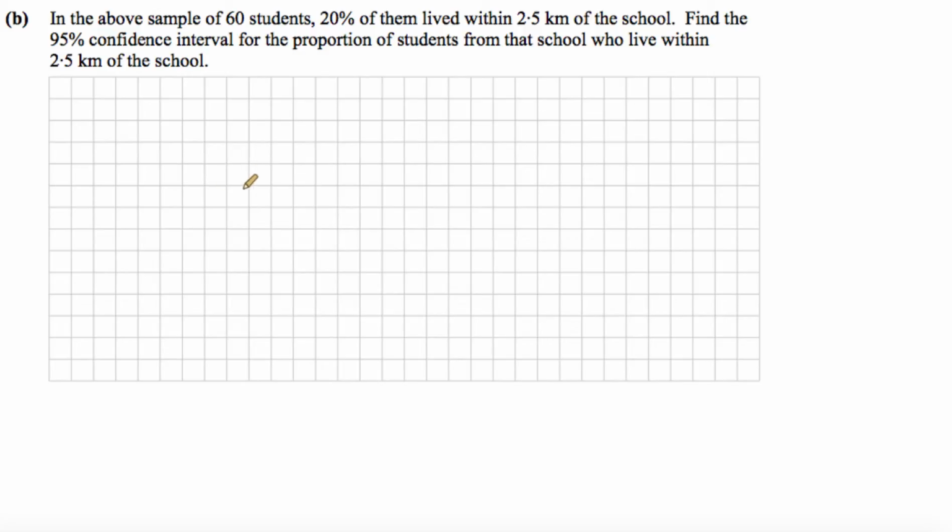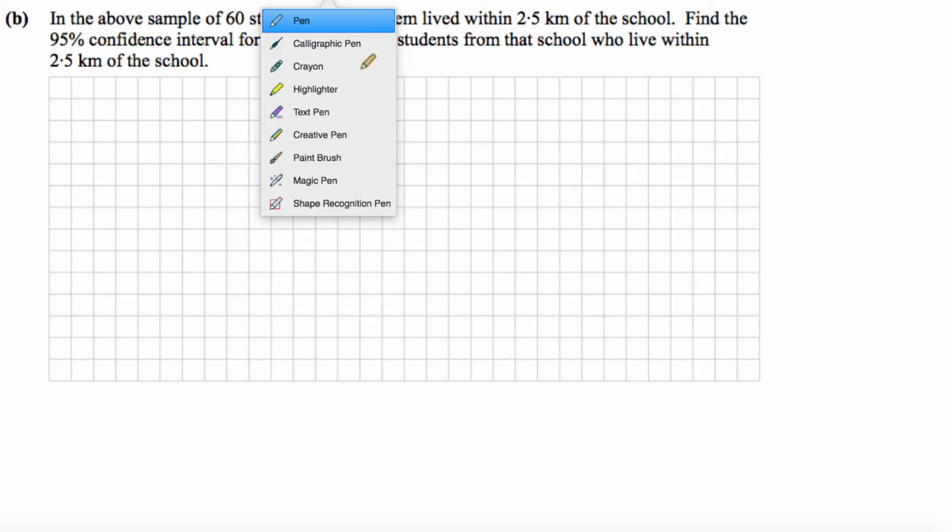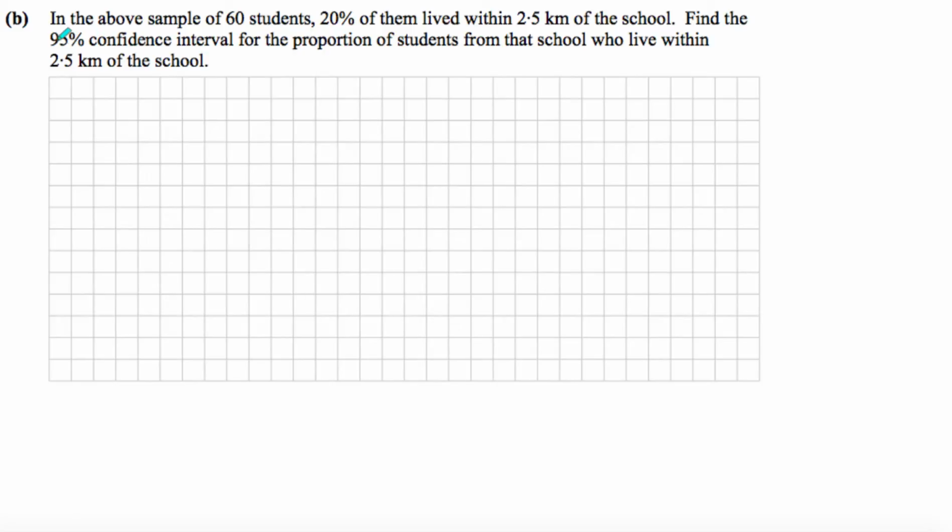Okay, so the formula, if we're looking for the 95% confidence interval for the proportion of students, that's a population proportion.